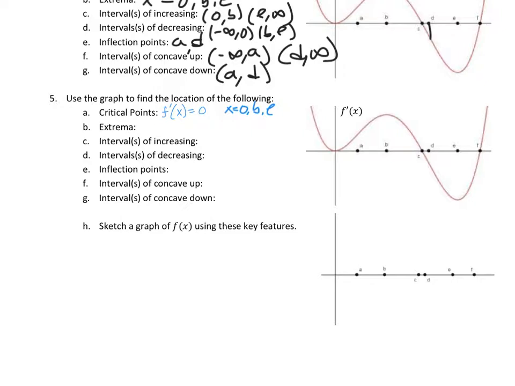Extrema, all right? So extrema happen when we have a critical point, first of all, but also what needs to happen is the derivative needs to change. What's helpful here is if we take this and we translate this into a number line for f prime of x. And we know that all the way up to the value of c, the derivative is positive because we're above the graph over here.